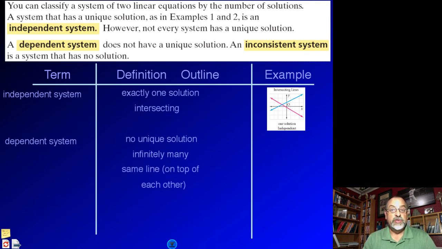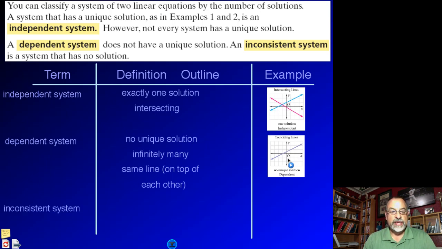So if you graph those, you have a line on top of a line, therefore intersecting at every single point. Therefore, you have an infinite number of solutions. So there isn't one solution, there's an infinite number of solutions. We call that a dependent system.